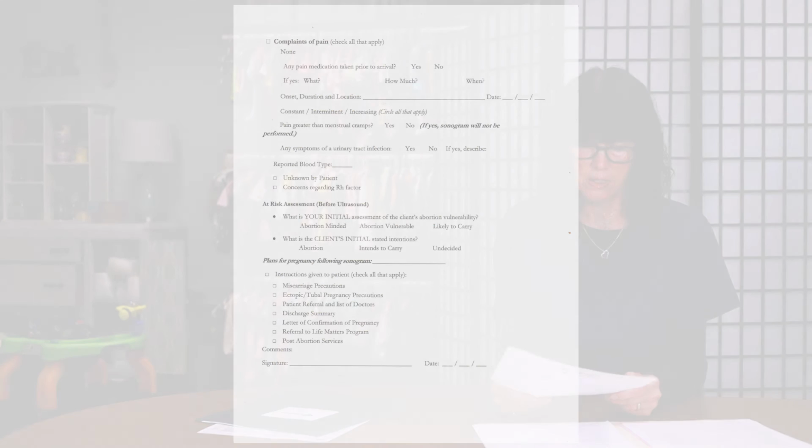The last portion of the medical assessment is just a checklist of whether you have gone through basically everything that's in the chart. So it's a good reminder. The final thing we'll have on this assessment form is our nursing comments or notes and your signature. So that is basically the medical assessment and the pregnancy packet.